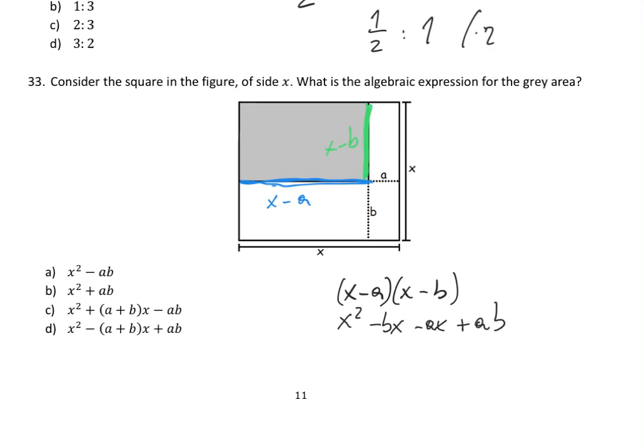Now, that is not one of our alternatives, directly at least. Can we factor that, minus bx and minus ax? What do they have in common? They have in common the minus sign and the x. And what are we left with? Well, with an a and a b. We took out the minus sign, so what sign remains there?